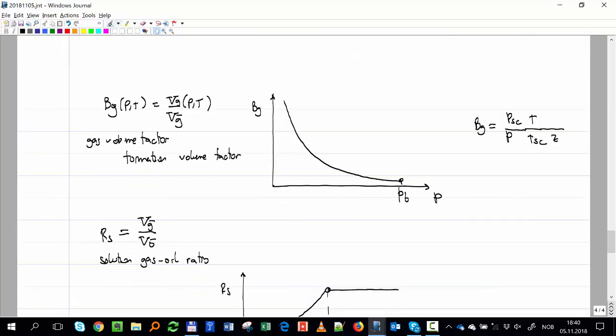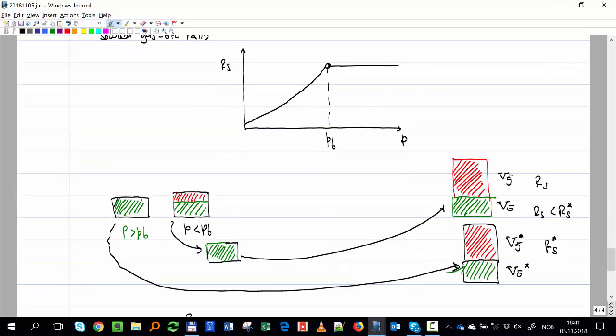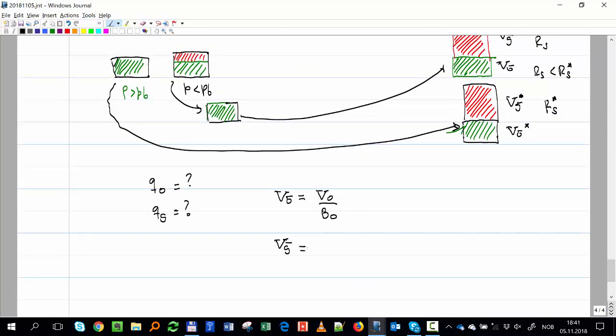So I can write the first term: Q gas is just RS times Q oil, and then Q oil I can express by the previous formula. So I can say RS times Q oil over BO.